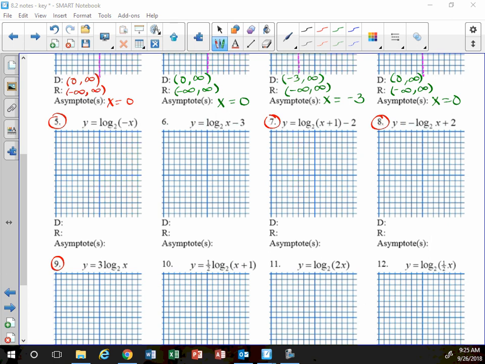Yeah, so it's gonna change the X, so this is 1, 0. So like this is the base of 2.